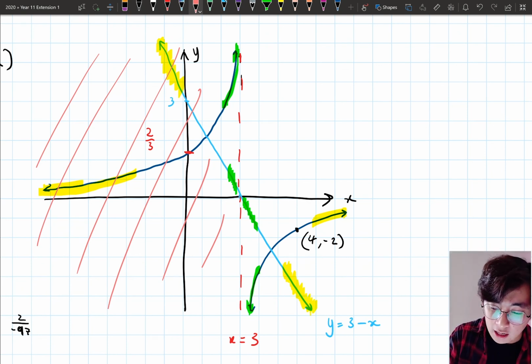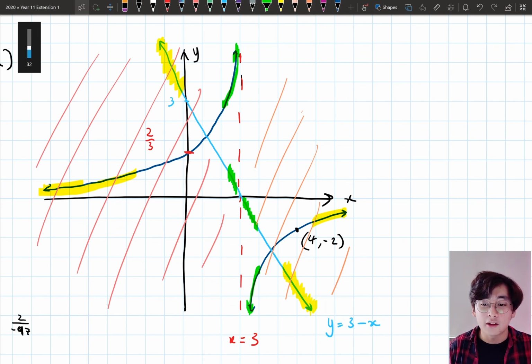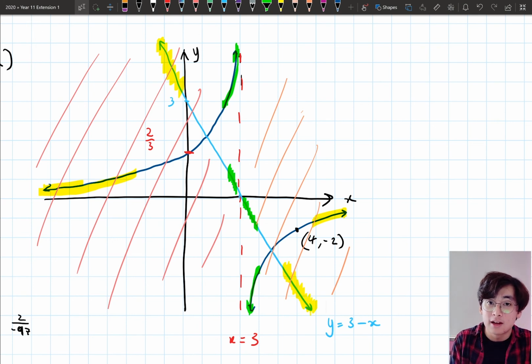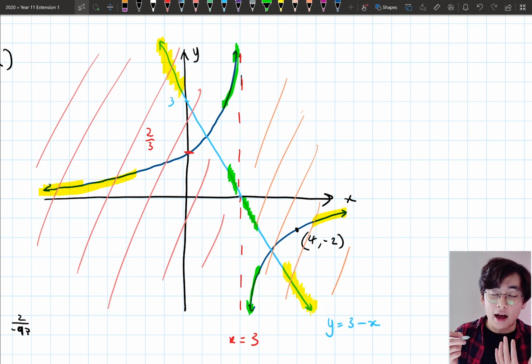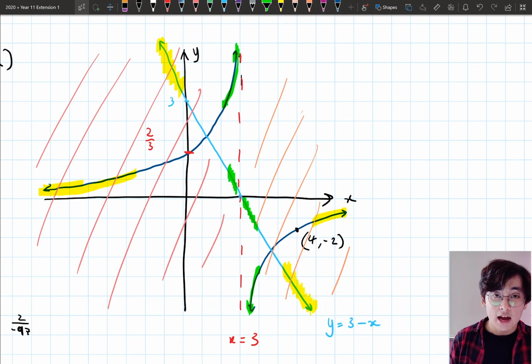And in the same way, on the other side, both our reciprocal graph and our original graph are negative. So another thing to notice is that when your original graph f of x is positive, then 1 over f of x is going to be positive. And in the same way, when f of x is negative, our reciprocal 1 over f of x is going to be negative.